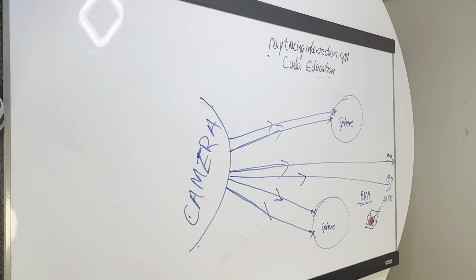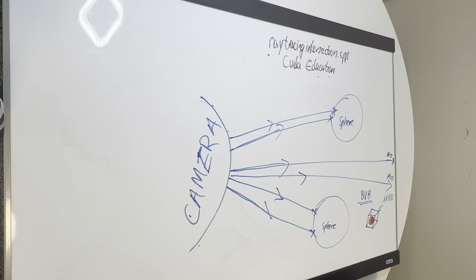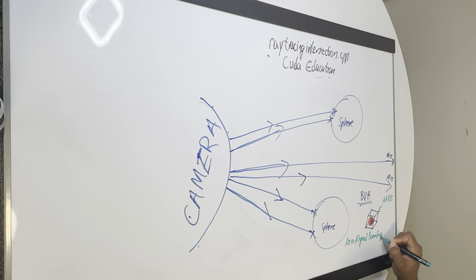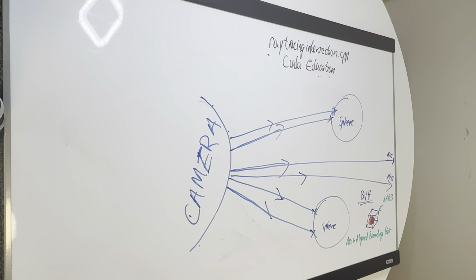What does AABB stand for? I am running out of space. So we have AABB. This is called axis aligned bounding box. That's what AABB stands for. It's an axis aligned bounding box.